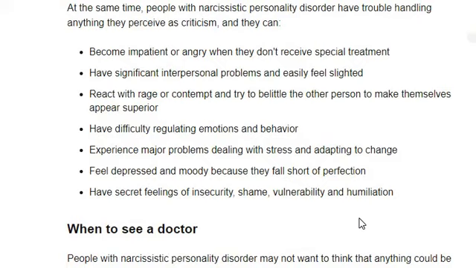They react with rage or contempt and try to belittle the other person to make themselves appear superior. They have difficulty regulating emotions and behavior. They experience major problems dealing with stress and adapting to change. They feel depressed and moody because they fall short of perfection. They have secret feelings of insecurity, shame, vulnerability, and humiliation.